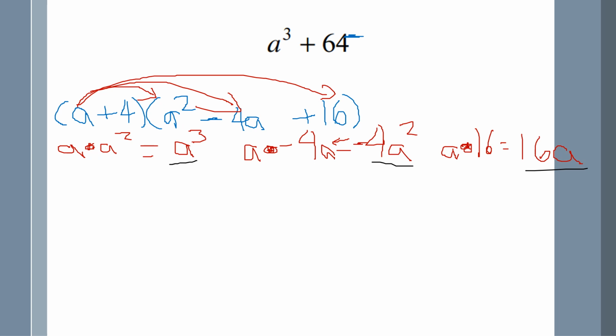Alright, so we did the method for the a into everything else. Now let's do it to the 4 into everything else. So, doing dark blue. I'm just drawing my arrows so you will see where I got everything from. So it's going to be 4 times a squared, which is 4a squared.